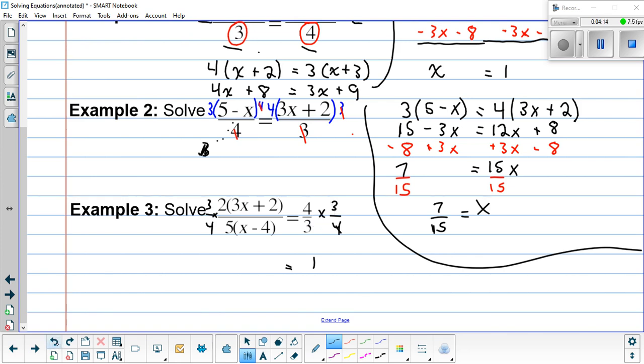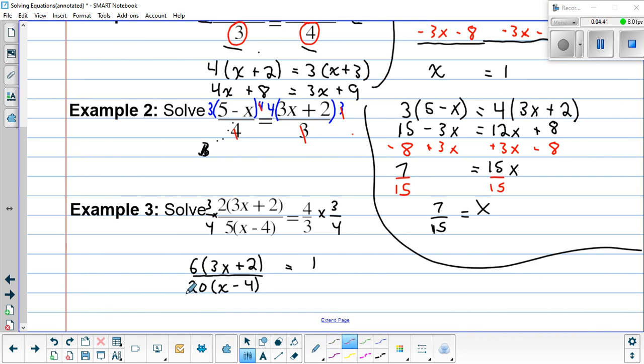So, why did I do that? Well, let's take a look. On our left side, we're going to have 6 bracket 3x plus 2, because we haven't touched the inside. And on the bottom, we're going to be left with this 20 bracket x minus 4.